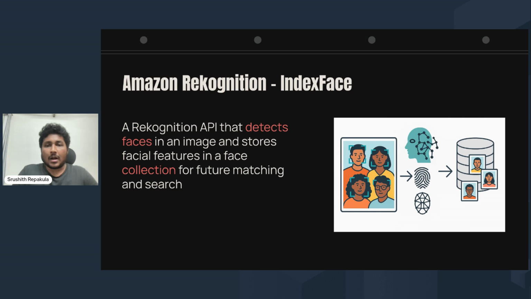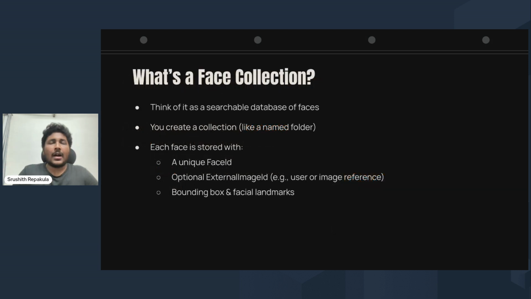So what is a collection? You can think of it as a searchable database of faces. It is like your Google Drive, where you upload a bunch of photos and you can leverage it to search. Each face stored has a unique face ID, as I already talked about, and it can also have an optional parameter called external image ID.